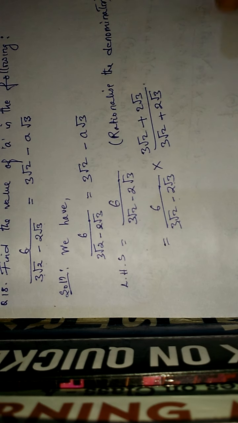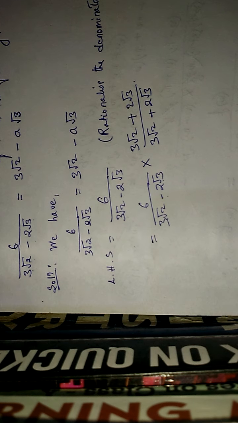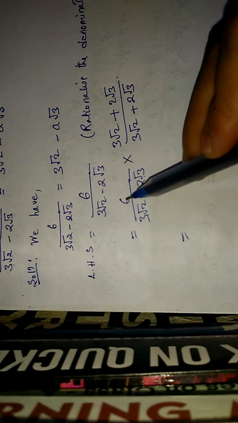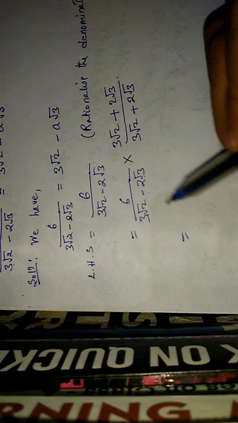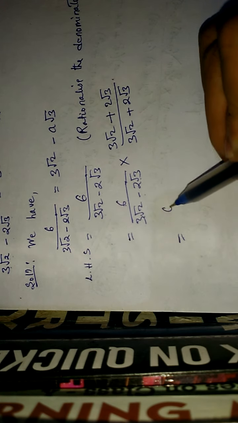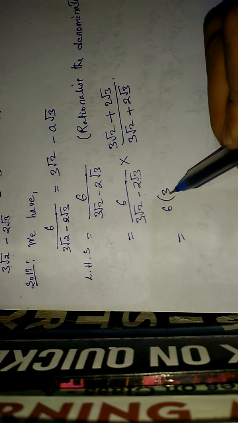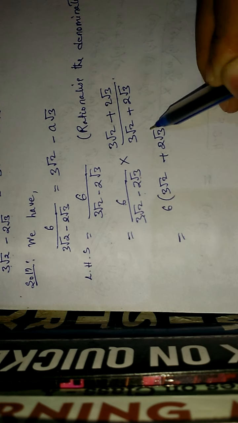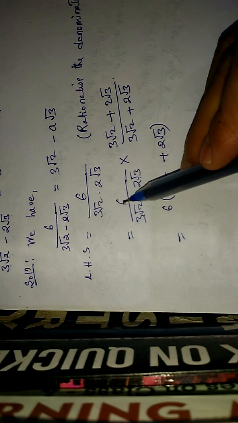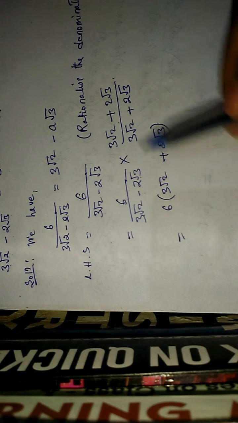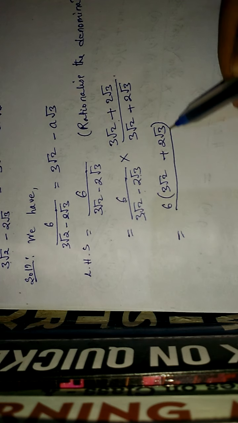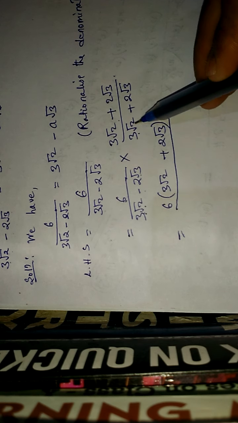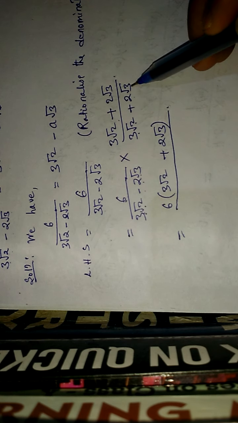Okay, now let's multiply: in the numerator we can write 6 multiplied by 3 root 2 plus 2 root 3. But the denominator, if you look carefully, you will see that 3 root 2 and 3 root 2 are the same, 2 root 3 and 2 root 3 are also the same, but their sign here is minus and here plus.